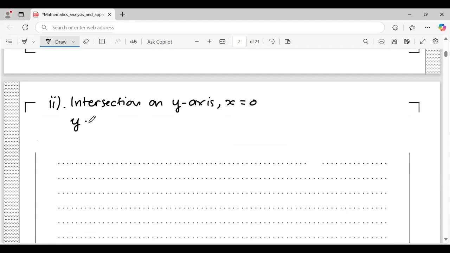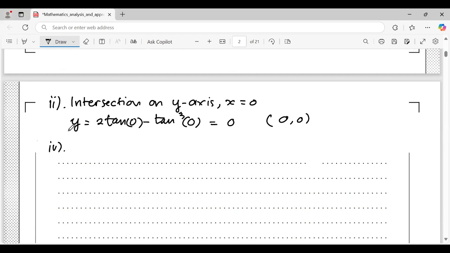If x equals 0, the equation becomes 2 times tangent 0 minus tangent 0 cubed, and it is 0 because tangent 0 is 0. So the coordinate point is (0, 0), the origin. So this graph passes through the origin.